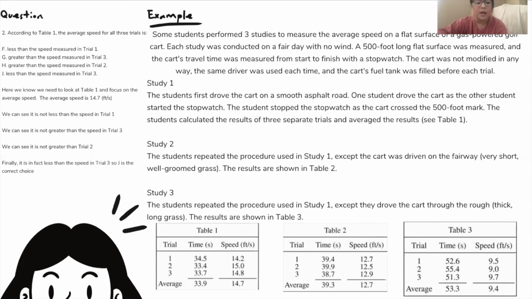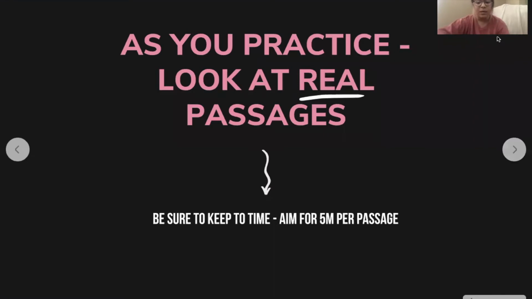So finally, our correct answer is going to be J, because it is absolutely less than the speed measured in trial 3. So again, we looked at those without really reading the whole passage.